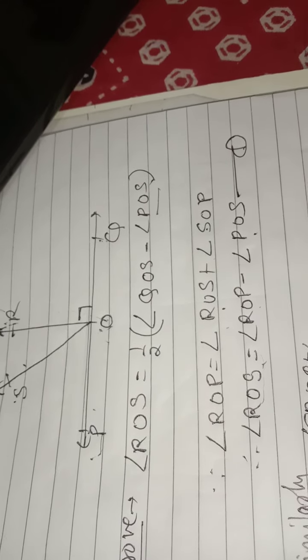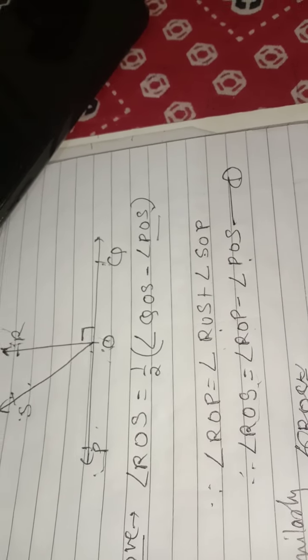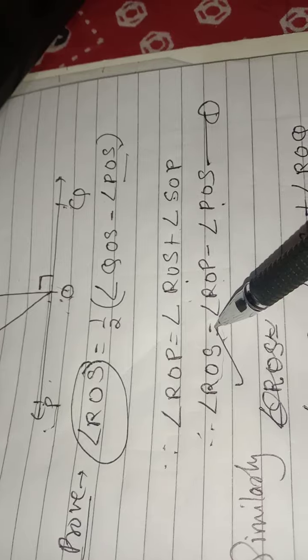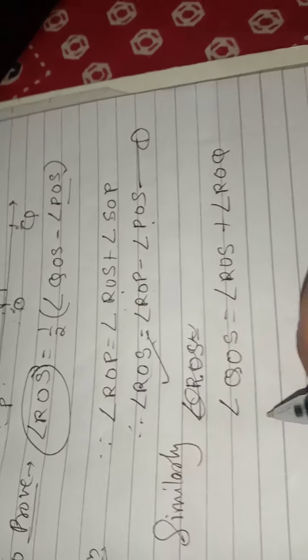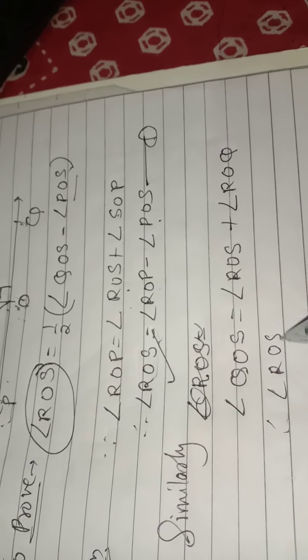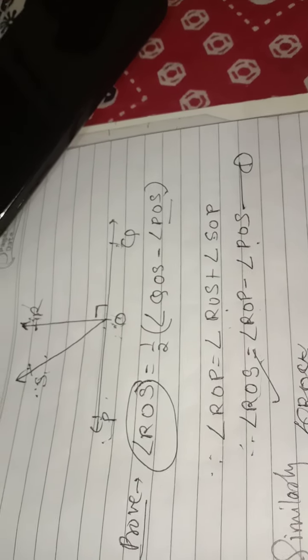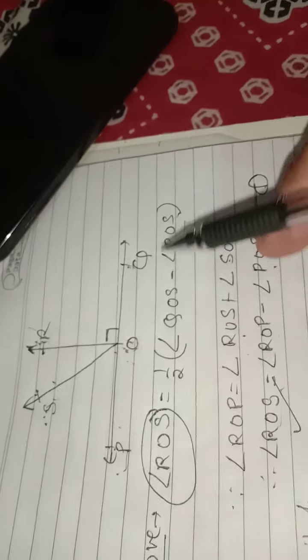Simply I will write angle ROS plus angle ROQ. Clear? Once again, I just have to target ROS, so I am working behind ROS. First I got this one, and then I am writing angle QOS. QOS is equal to angle ROS plus angle ROQ. So again I will write here angle ROS is equal to angle QOS minus angle POS. Okay, what will I write?